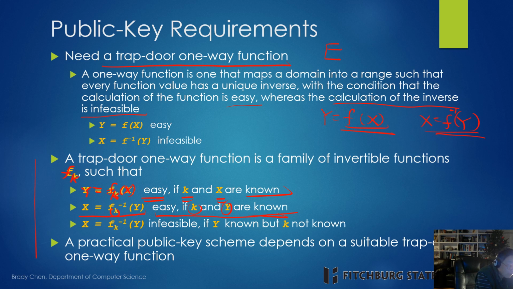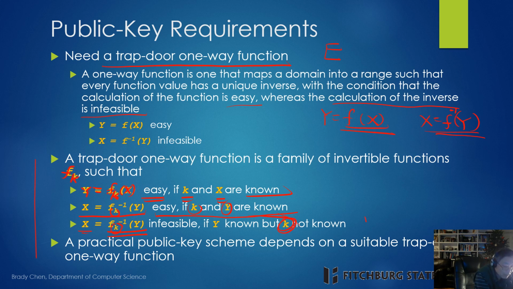However, if k is unknown, then it should be very, very difficult to calculate f_k inverse of y. So the key is important.